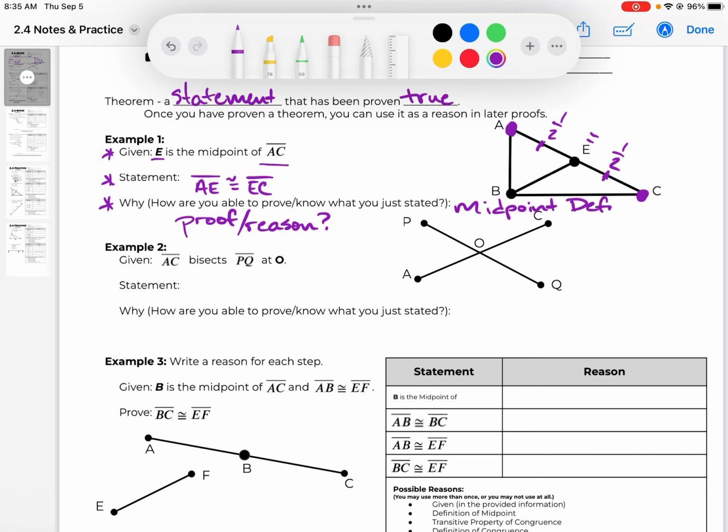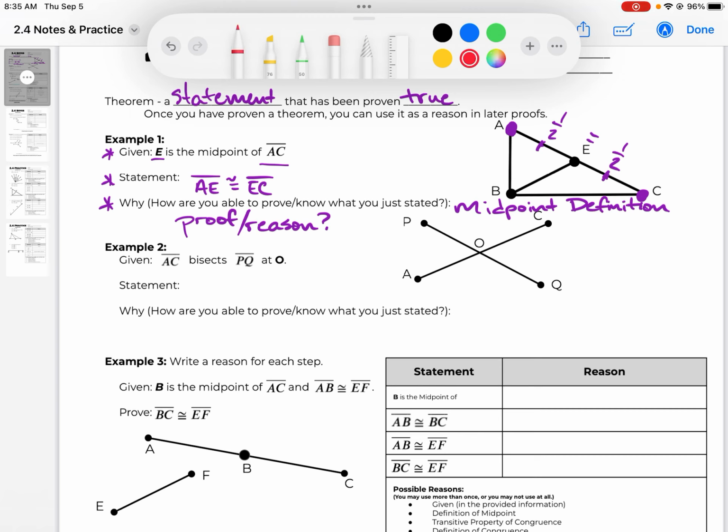And we know what a midpoint is just from our earlier studies, even this year. It's a point that is right in the center of a line or segment. And based off that definition, E is the midpoint from A to C. So we know that each segment, A to E, E to C, is equal.